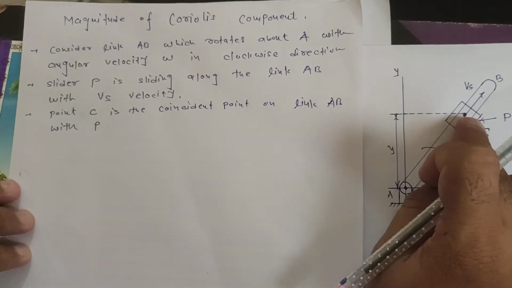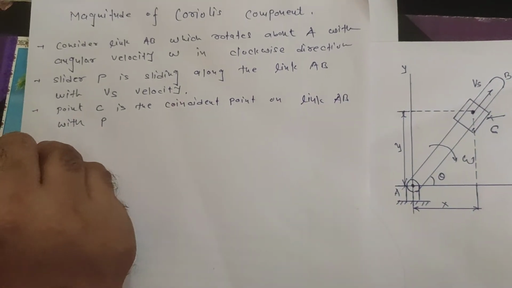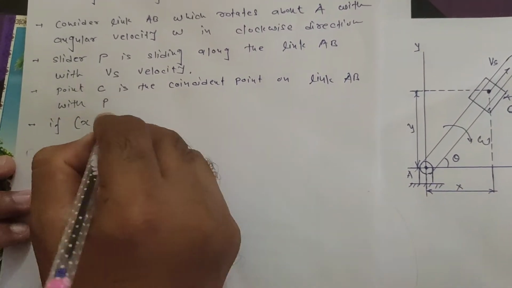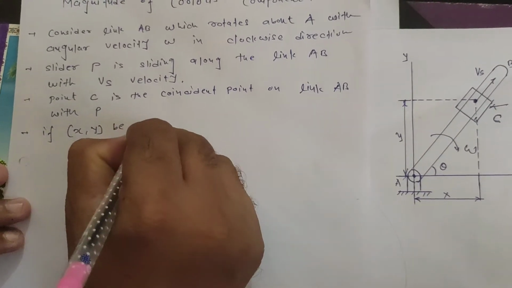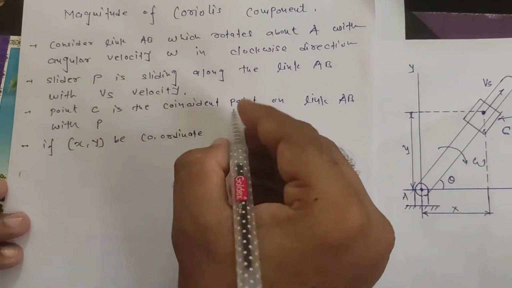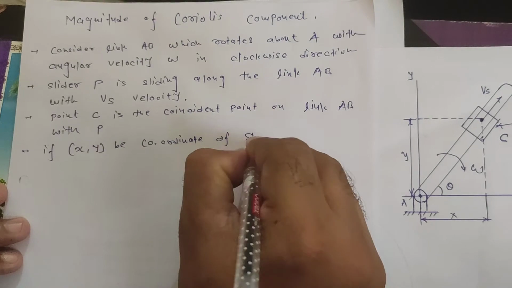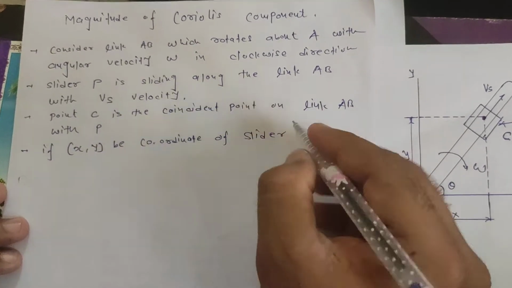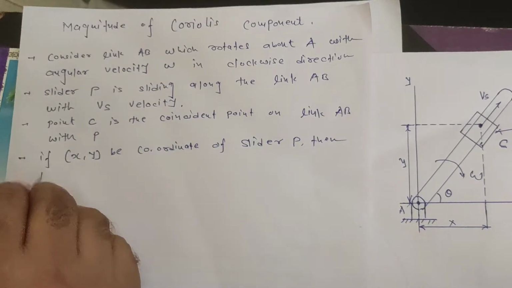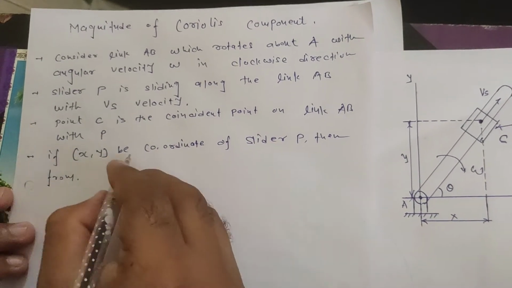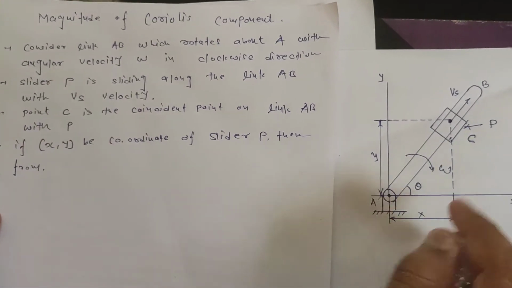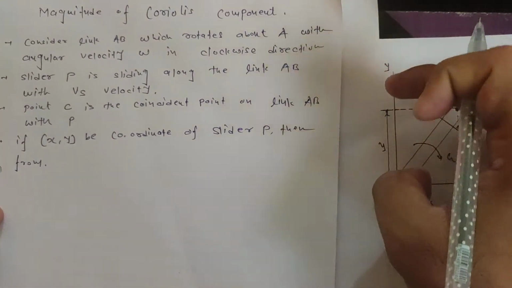So if x, y are the coordinates of slider P, then from the figure this distance is x and this distance is y.